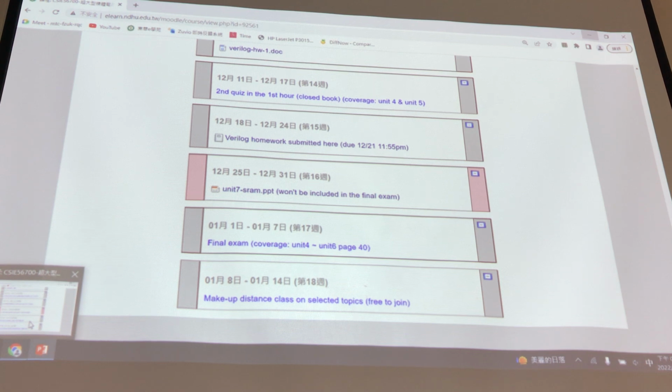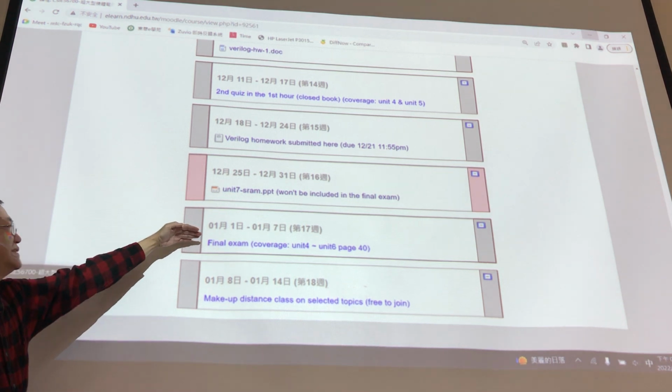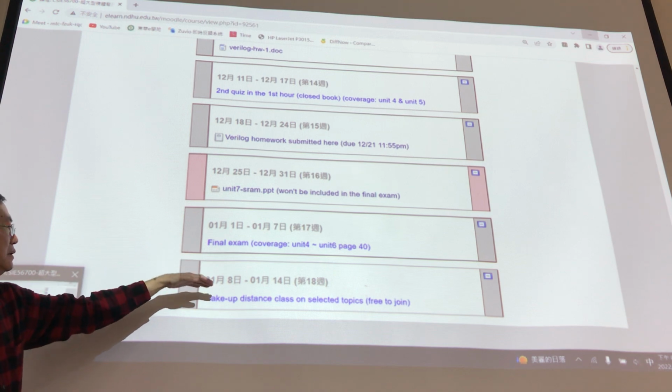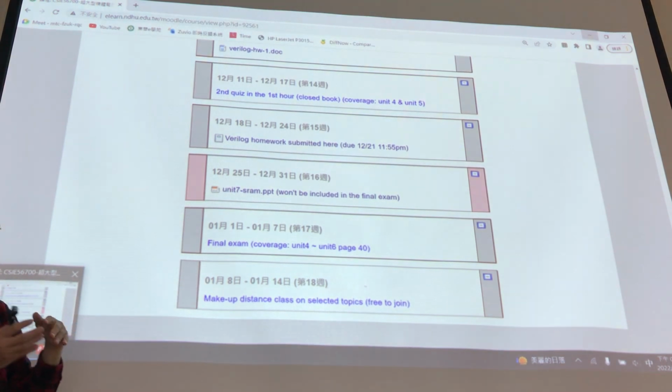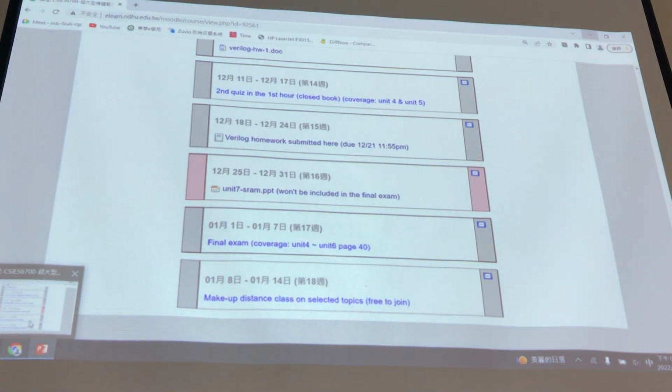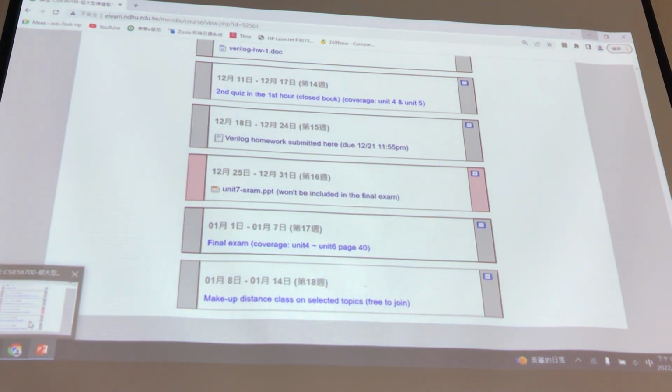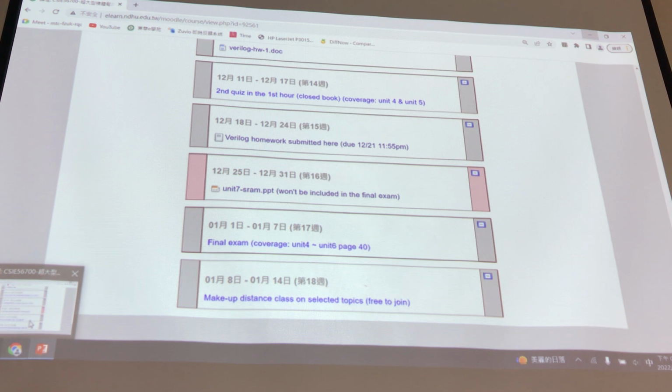As I mentioned, after the final exam, in the 18th week, the school actually does not require us to have a lecture, but because we have some missing hours before, we are going to make up this class. It's up to you. You're free to join. It's not going to affect your grading. It's not part of the grading.